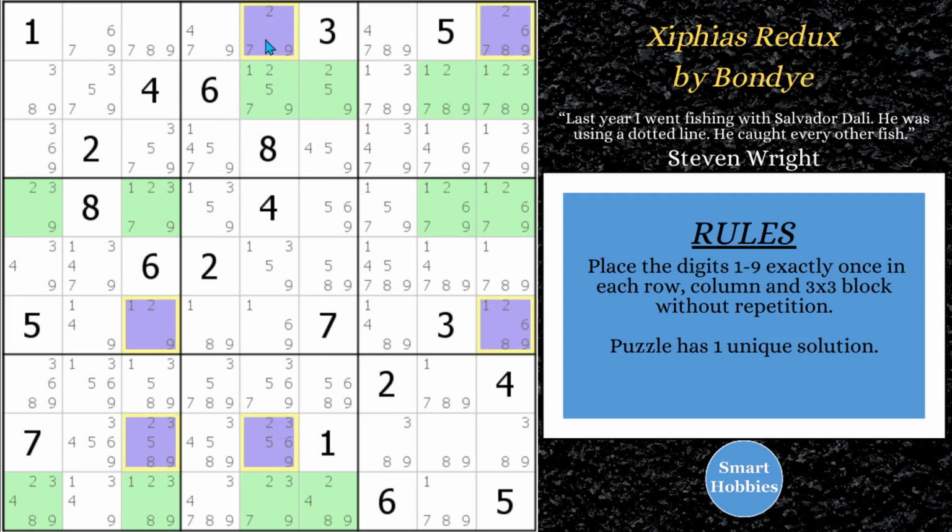All right, so what we're looking at are rows 1, 6, and 8. You can see the 2's are limited to the same 3 columns, columns 3, 5, and 9. And so what it means is the 2's in those columns have to be in one of these purple squares.